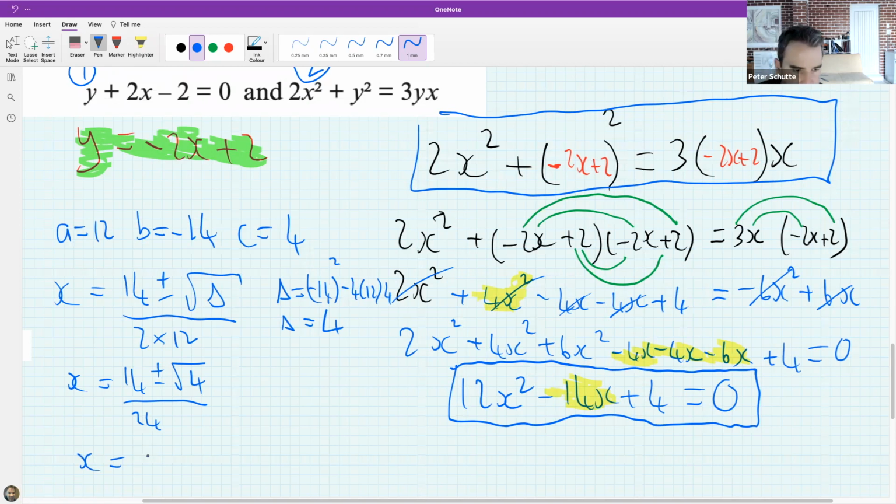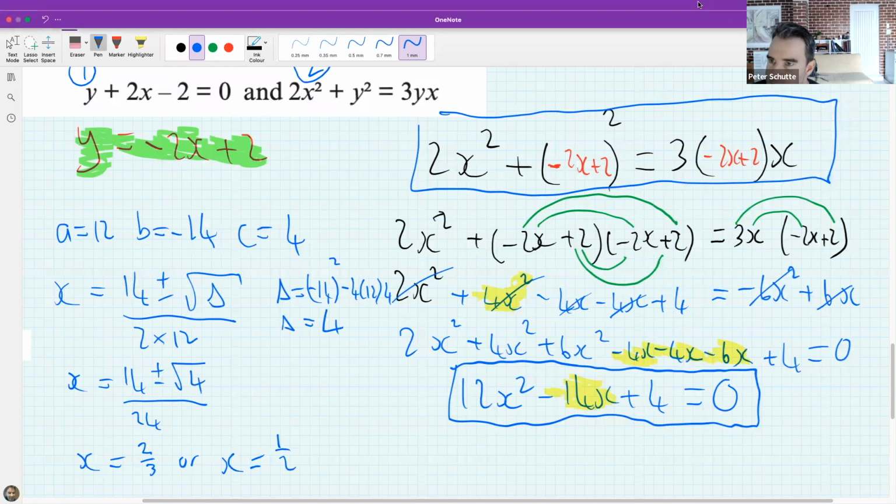I'm going a little bit quicker now because we are running out of time. Or 14 minus 2 is 12, 12 over 24, which is a half. So we should get an x value of 2/3, or x is a half.